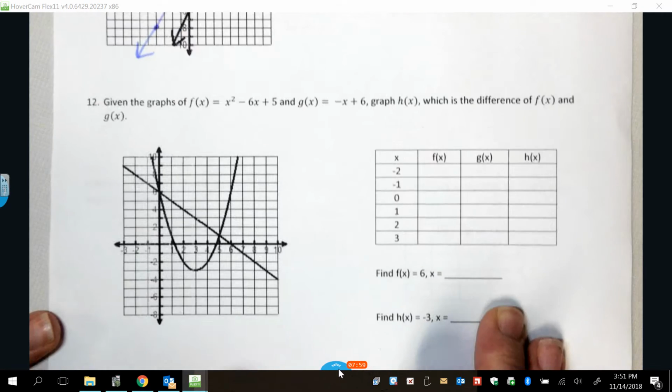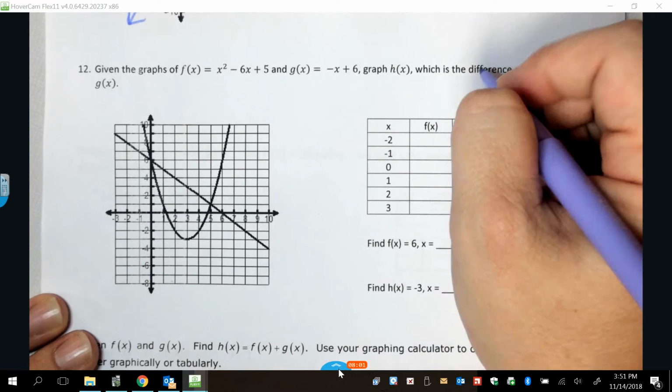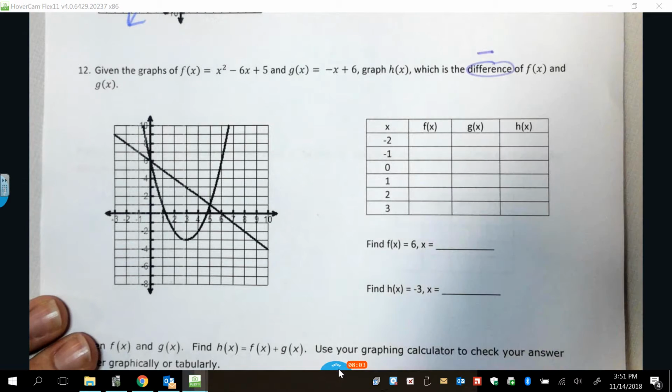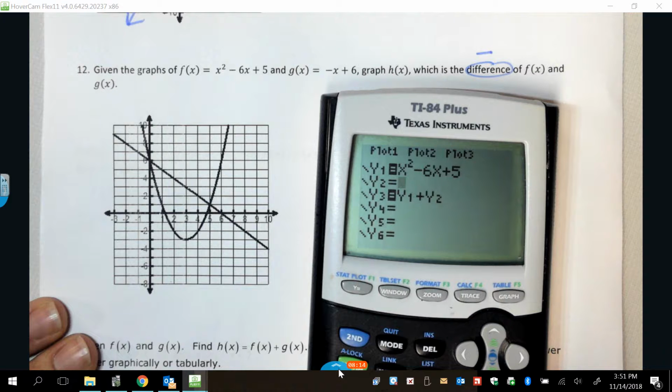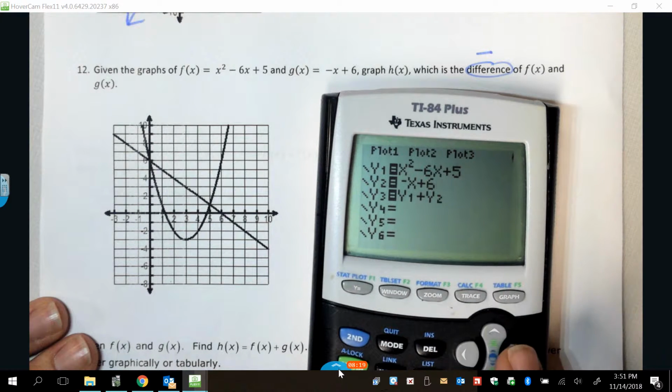Alright, let's look at number 12. So this is to find the difference. That means subtract. Okay, so again, calculator is going to do it for me. X squared minus 6x plus 5, negative x plus 6, and then I just need to make that say y1 minus y2.